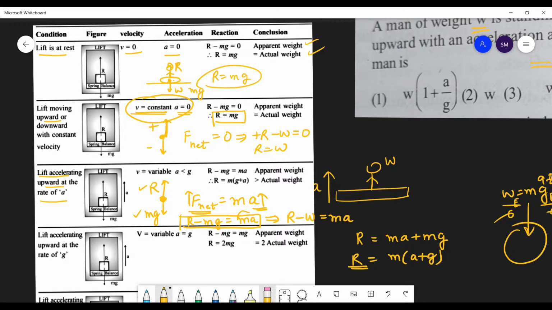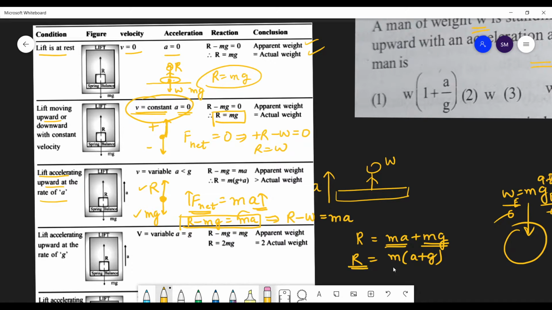So the apparent weight will be more or less than the real weight. See, your real weight is what? Mg, but here you are adding m into a.